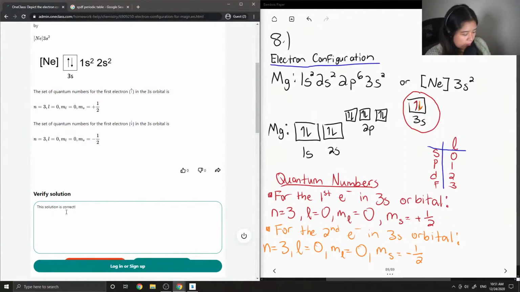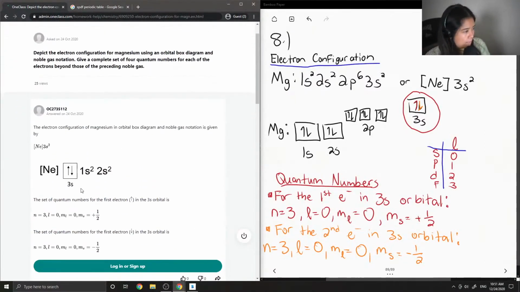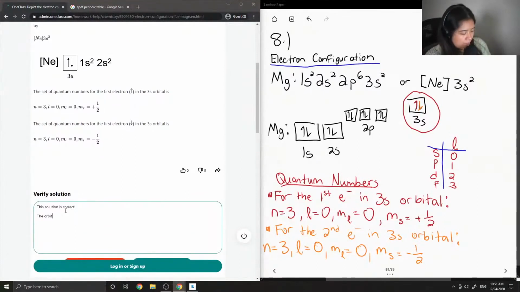I'll just try to type out what it should look like. Maybe it was just a typo.